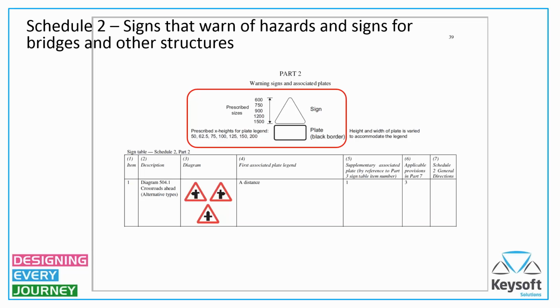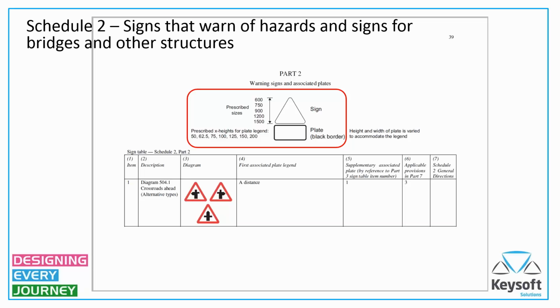Okay, so the first thing to notice there is that in the middle you've got the idea that we are talking about a template. So rather than rely on the working drawings for the prescribed sizes for warning signs, which may be different across different types of warning signs, those sizes are now given in Part 2, the header of the schedule there.